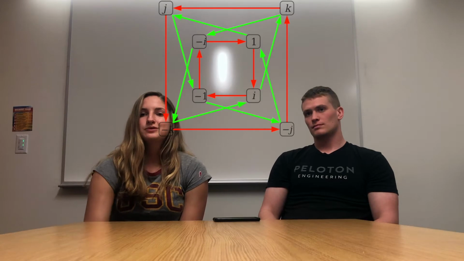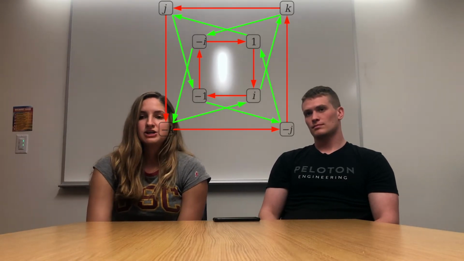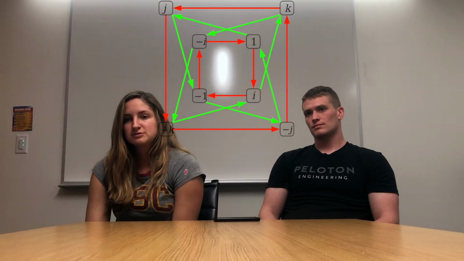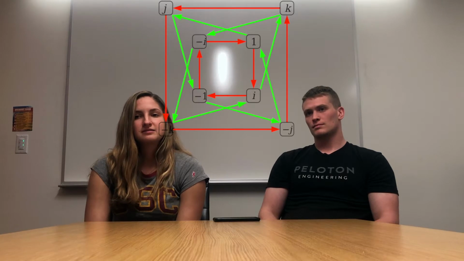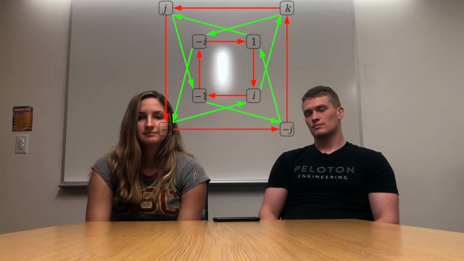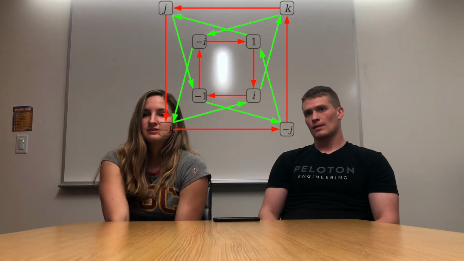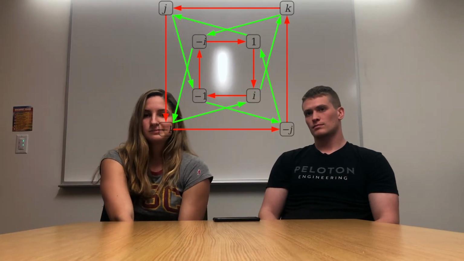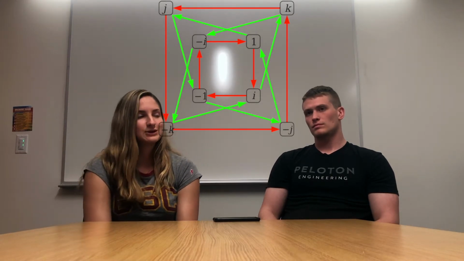Anyway, the green lines are going to represent multiplication by J, and the red lines are going to represent multiplication by I. So this whole group structure can just be defined by these two operations, I guess. And this just kind of shows some of the ways that they interact, and then we can kind of translate this in terms of the 3D rotations a little bit later on.